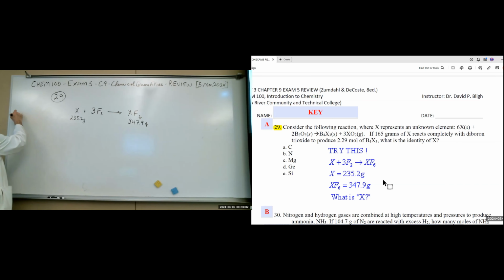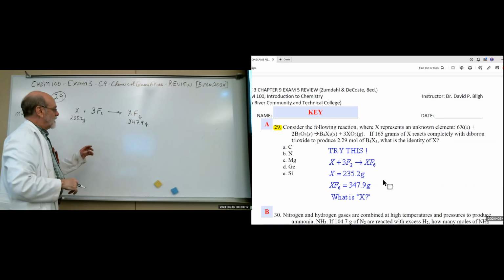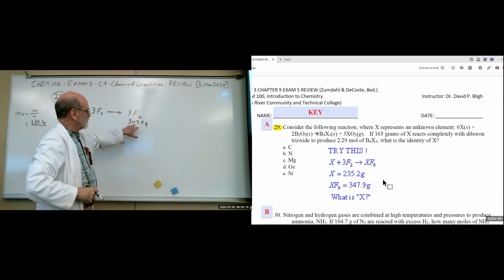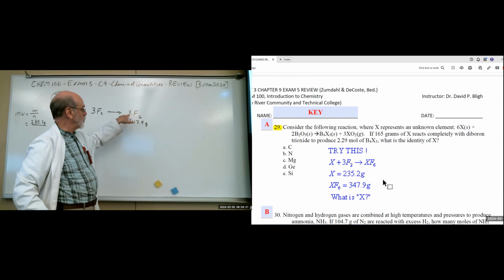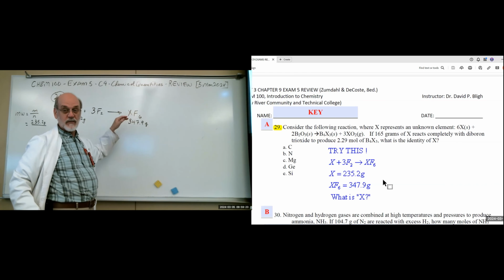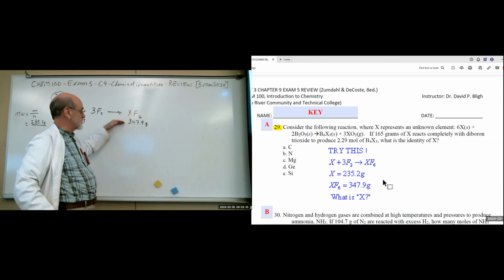Well, again, we have to go to molecular weight, obviously. So this is mass per mole, and we do have mass, 235.2 grams. We need the number of moles. Well, we can't calculate the number of moles here because we don't know what X is. We can't calculate the molar mass to make the conversion.